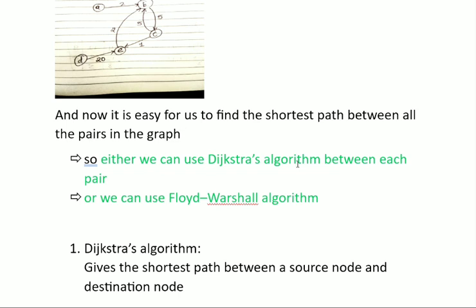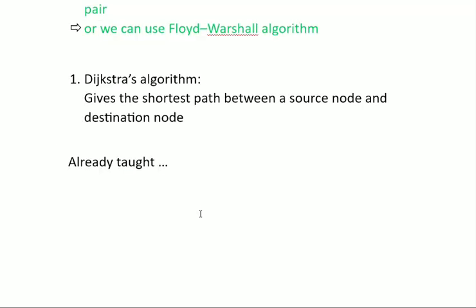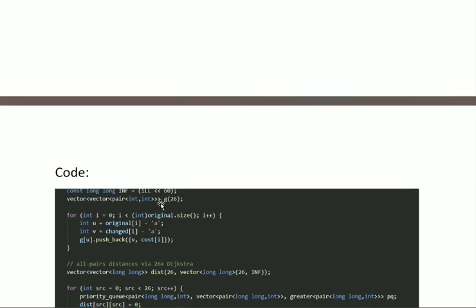Either we can use Dijkstra algorithm between each pair, or we can use Floyd Warshall algorithm, right? Dijkstra algorithm gives us the shortest path between a source node and a destination node. I have already explained it in a previous video, so please watch that. I'll mention the video above.